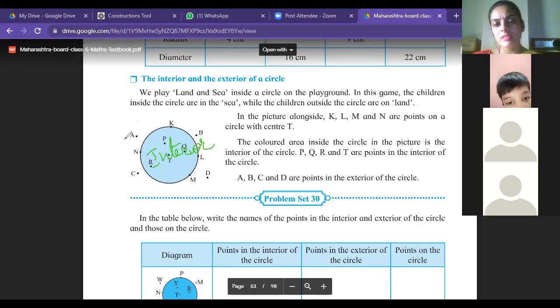A, yes. N, C, M, D, L, B, and K. No. The N, K, L, M, they are on the circle. They are not inside or outside. They are on the circle. Outside में कौन से हैं?